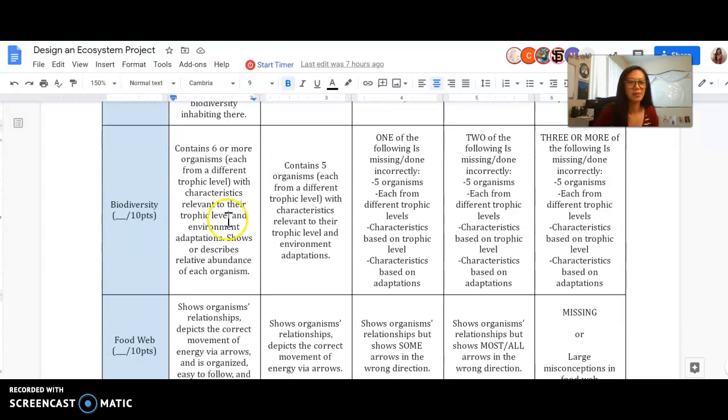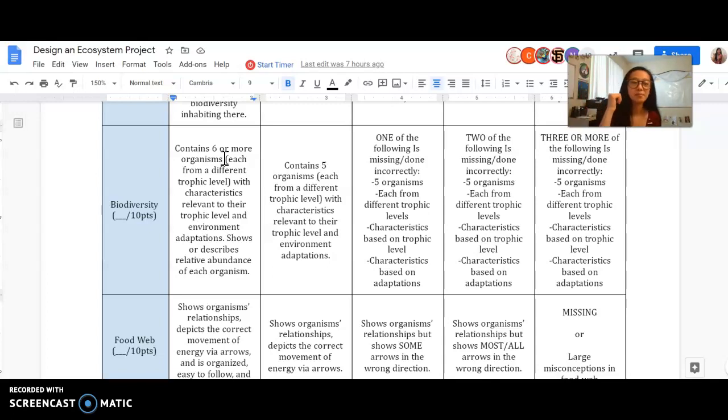Great. The next part for the biodiversity part of it, I'm going to be looking to see if you have 5 or 6 organisms, and they each should be at a different trophic level, and then they should also have characteristics relevant to their trophic level and environmental adaptation. So what does that mean?